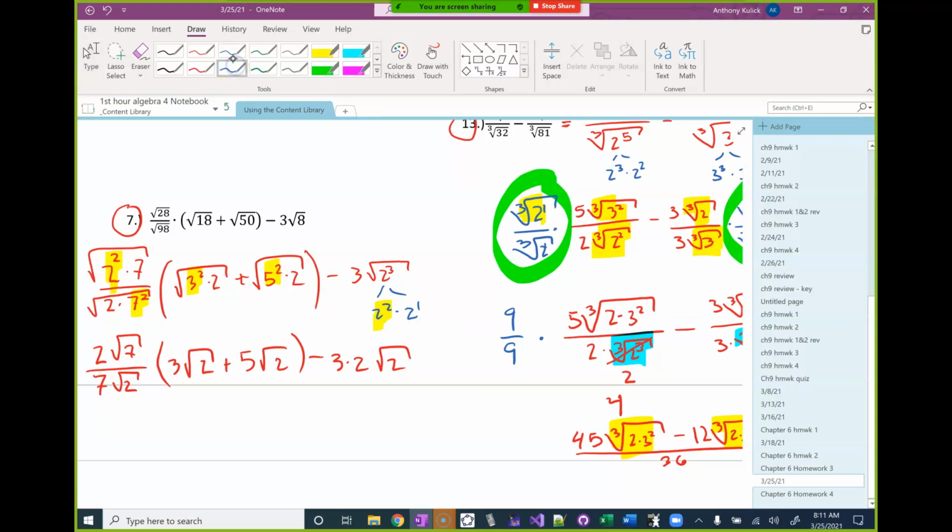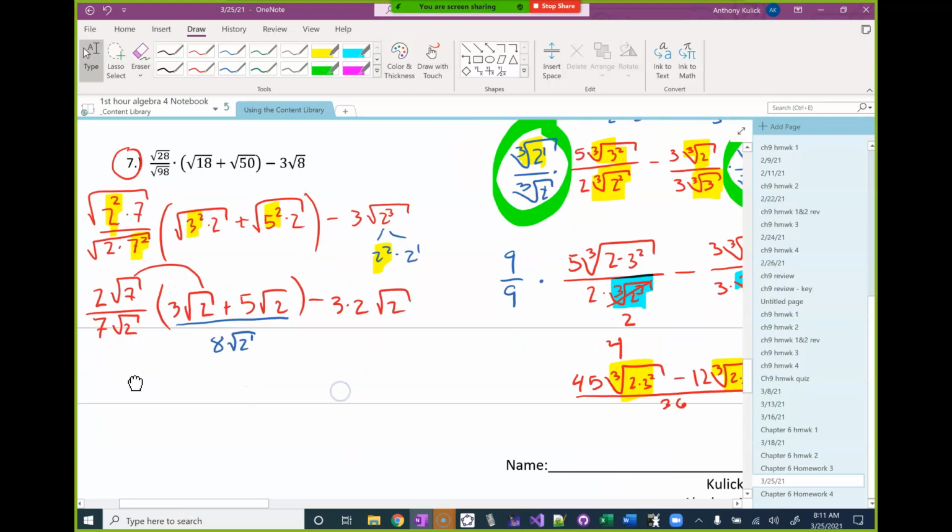These guys can add because they're the same radical. So 3 square roots of 2 and 5 square roots of 2 gives me 8 square roots of 2. And now I'm just going to multiply this into there. So it gives me 2 times 8, and then 2 times 7.